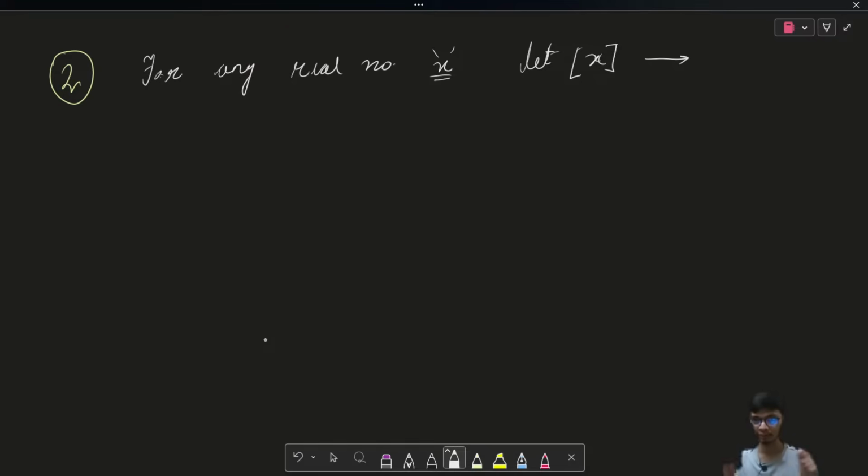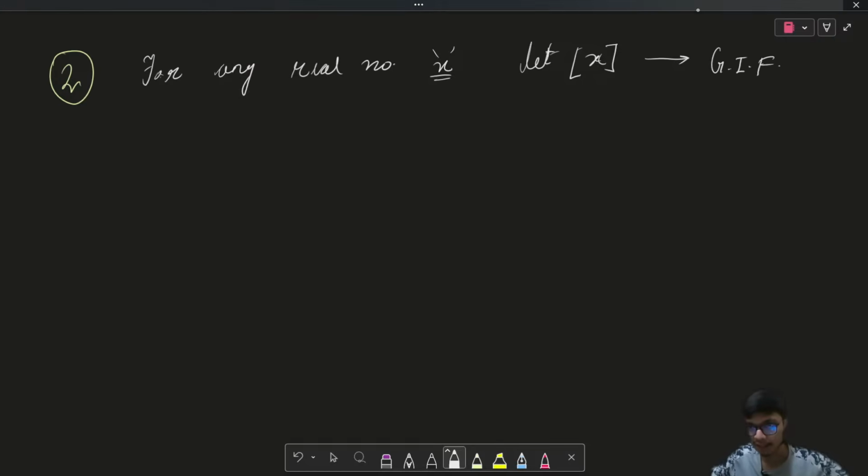They said that this bracket denotes the largest integer less than or equal to x. That basically means simply the greatest integer of x. So please note the language. I am cutting off the language so as to save time. They said that this square bracket of x denotes the largest integer less than or equal to x. That simply means it's a greatest integer function.